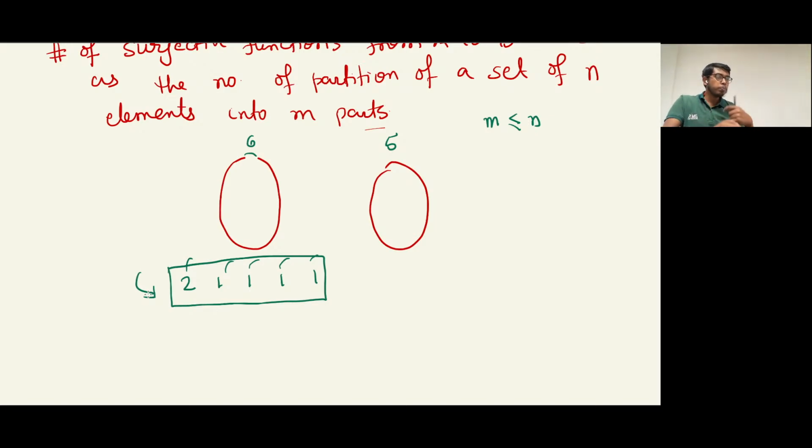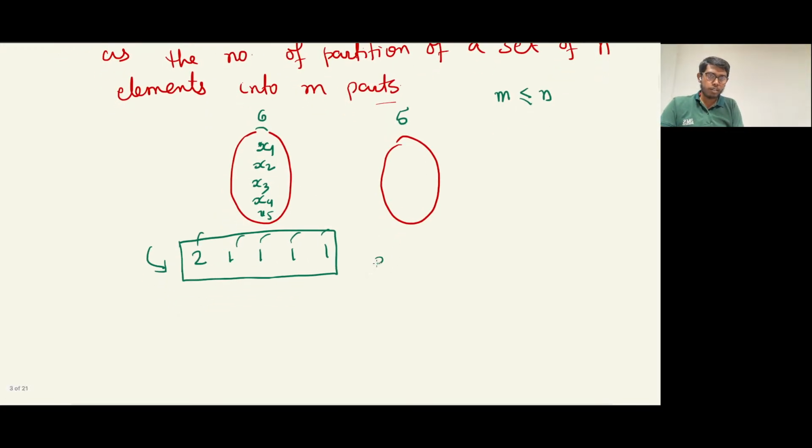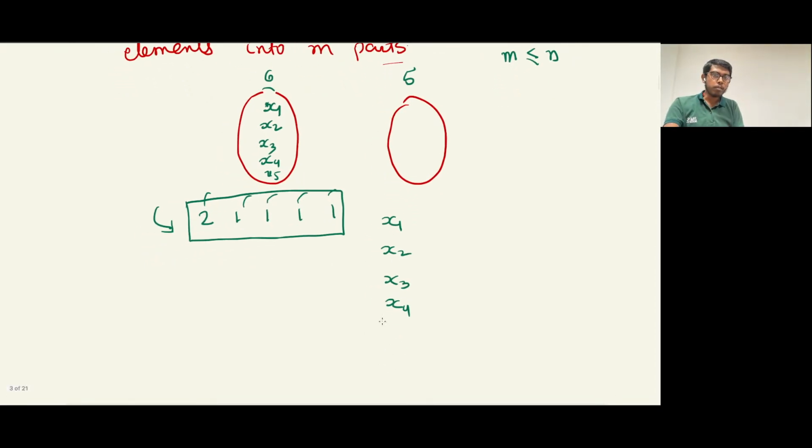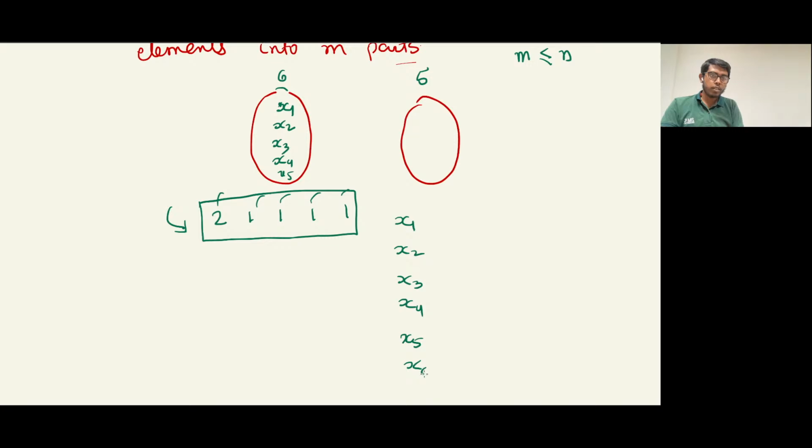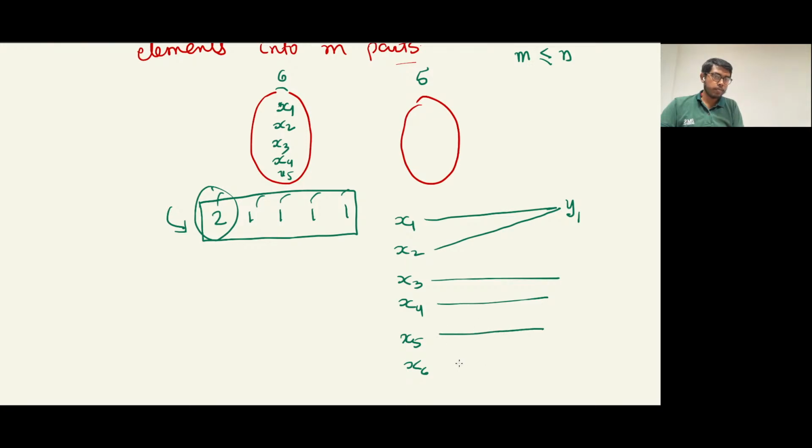Now we have to permute this partition. By permutation it means, if I have x1, x2, x3, x4, x5, and x6, the 2 means that two elements go to y1, and the rest have a single element each, going to y2, y3, y4, y5.